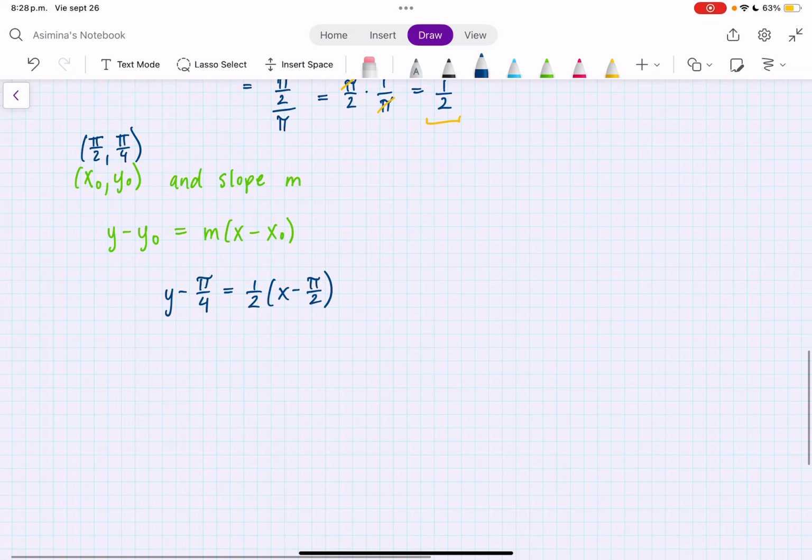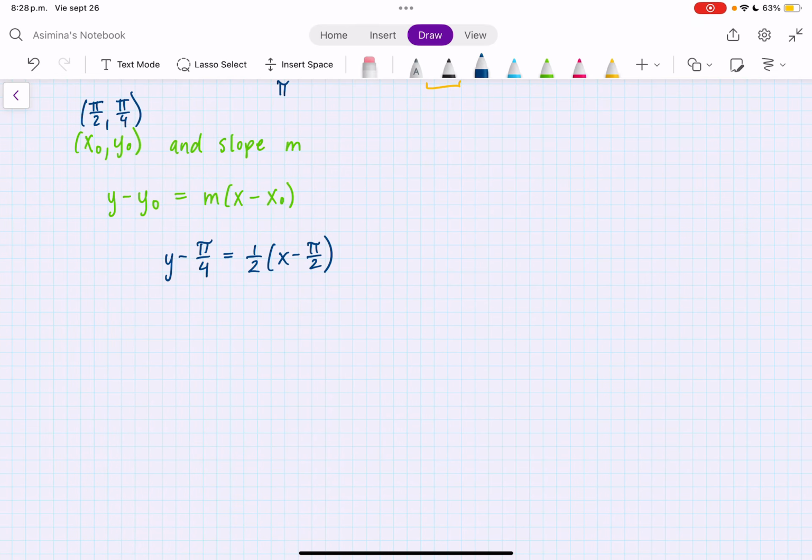Now we can multiply out the right-hand side, so this becomes y minus pi over 4 equals 1/2 x minus pi over 4. We can add pi over 4 to both sides, so these disappear, and we get y equals 1/2 x. And this here is our final answer.